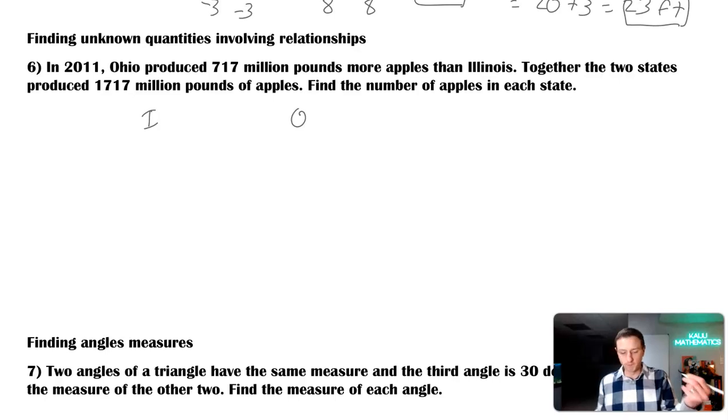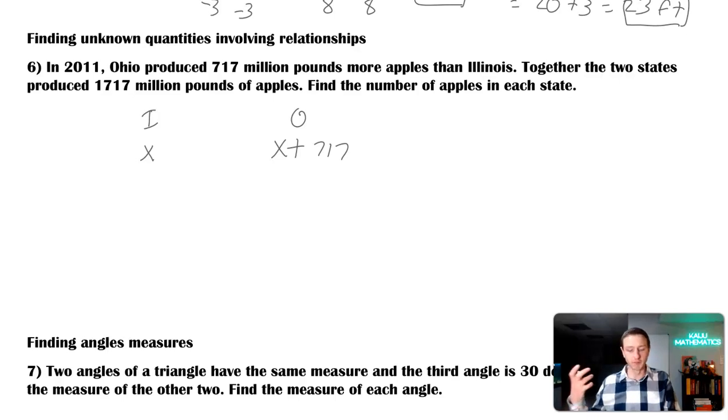Well, I don't know how many apples Illinois produced, so I'm going to call that X. What I do know is that Ohio produced 717 million more. So I would just add on 717 to Illinois' amount. If they produced X, Ohio then produced 717 million more than that.